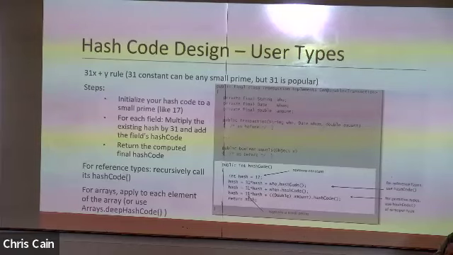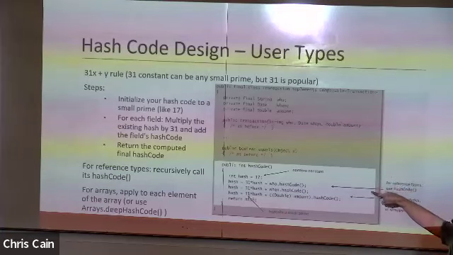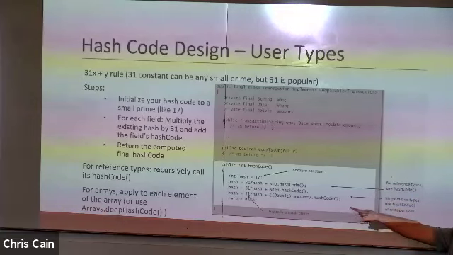Here is how you would do the hash code yourself though for a user-defined type. This is a transaction object. So there is a string who, a date when, and a double amount. We start out our hash at 17. We reassign the hash to be the old hash times 31 plus the hash code for who.